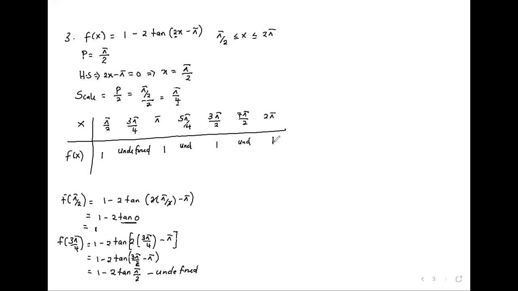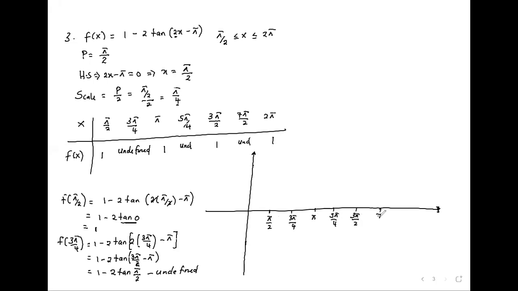Then we can sketch. The sketch is going to be pi over 2, 3 pi over 4, pi, 5 pi over 4, 3 pi over 2, 7 pi over 4, and 2 pi.